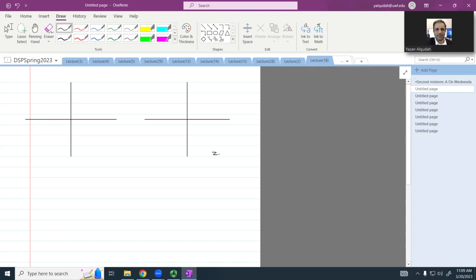This is our Z plane, and this is our S plane. What does this axis represent? The sigma and the j omega axis. So along the j omega axis, if omega is equal to 0, what will it correspond to in the Z plane? If omega is equal to 0, Z is going to be equal to 1.